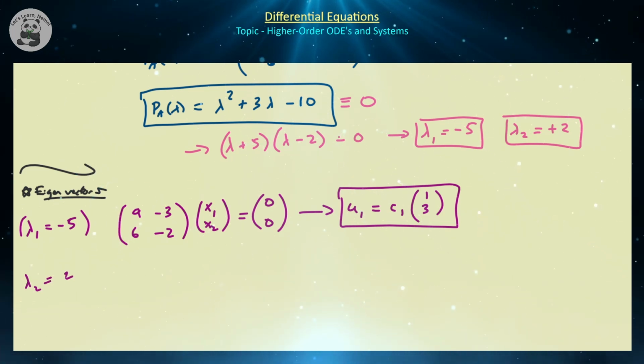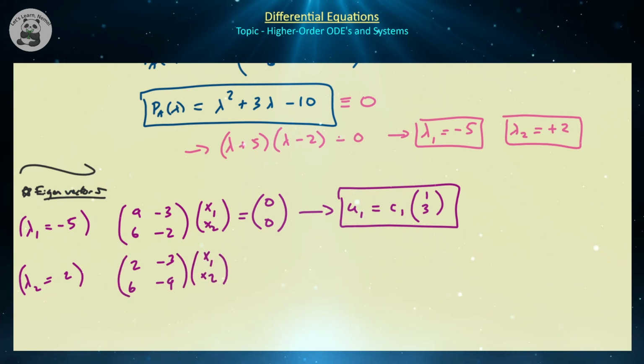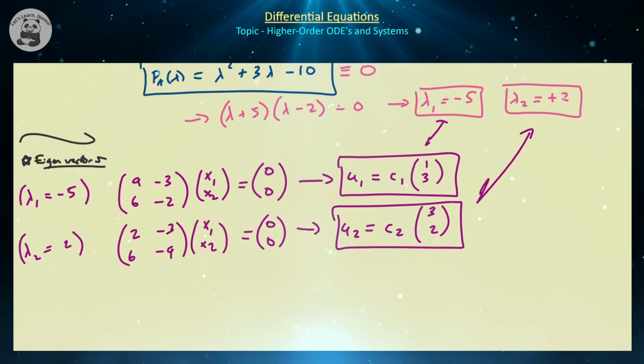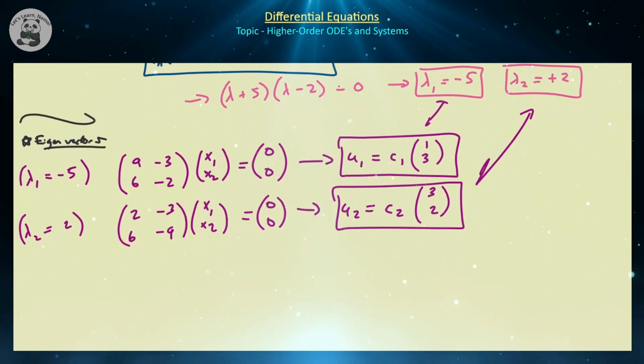For lambda 2 equal to 2, A minus lambda I comes out to [2, -3; 6, -9] times (x1, x2) equals (0, 0). That gives us an eigenvector of scalar multiples of the vector (3, 2). Once we have our eigenvalues and associated eigenvectors, we can state our general solution for our first order system.